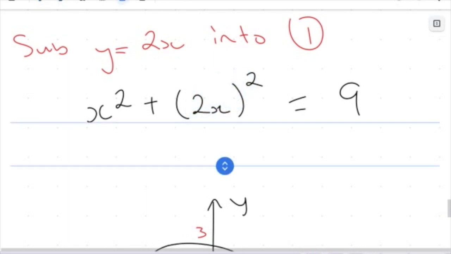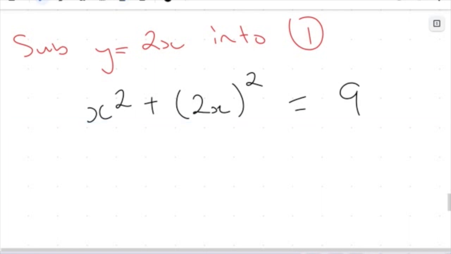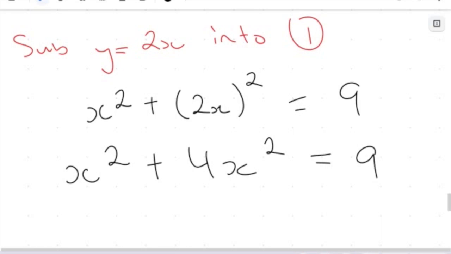Now 2x squared is the same as 2x times 2x. So doing that, that's going to give me 4x squared. Or we can think of this in terms of indices, where when we take the power of a product, it's going to be applied to both of these elements here. So I'm going to square 2, I'm going to square x as well.